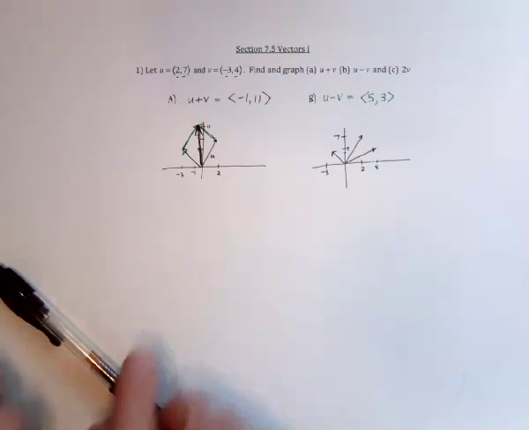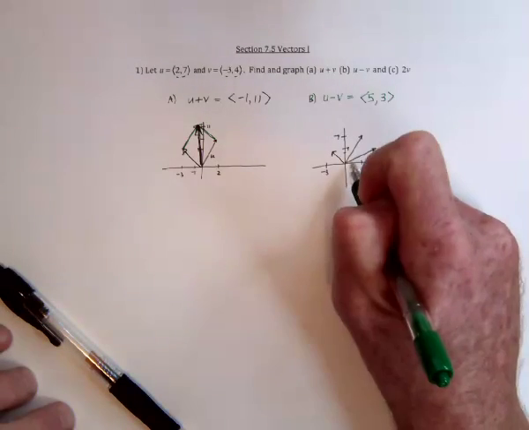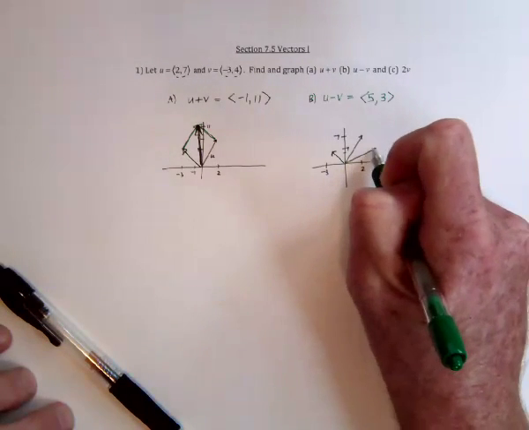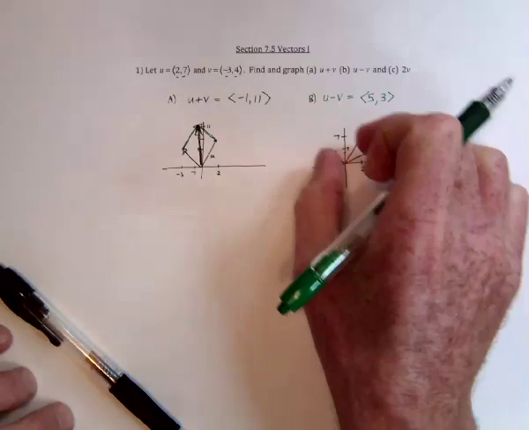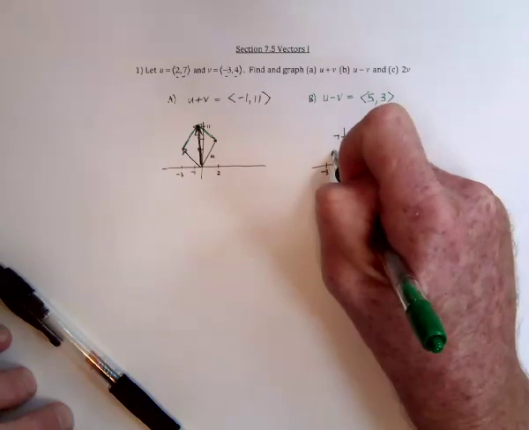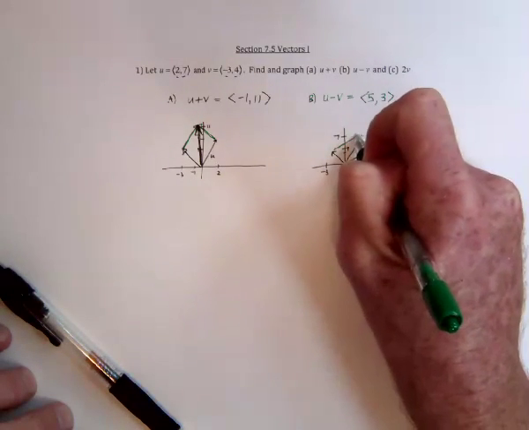Well, how does that vector compare to the originals? If you take this vector, and again you can just pick it up and move it, it would be going right across here.